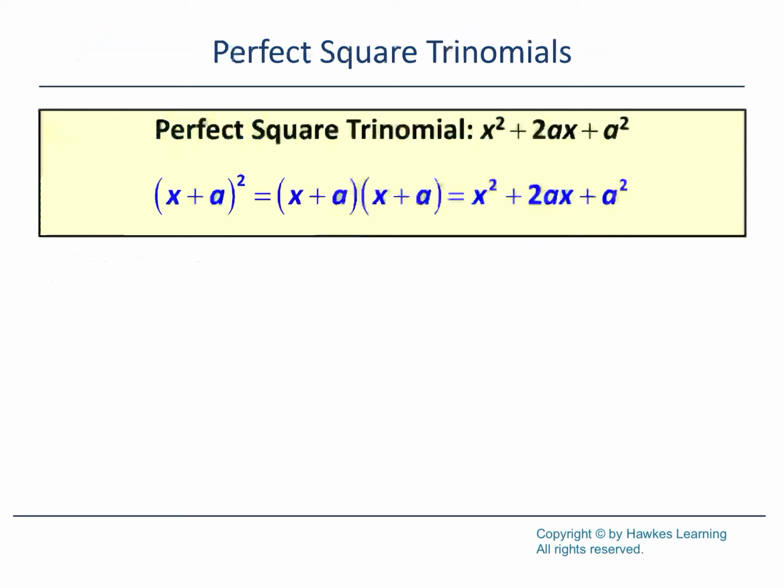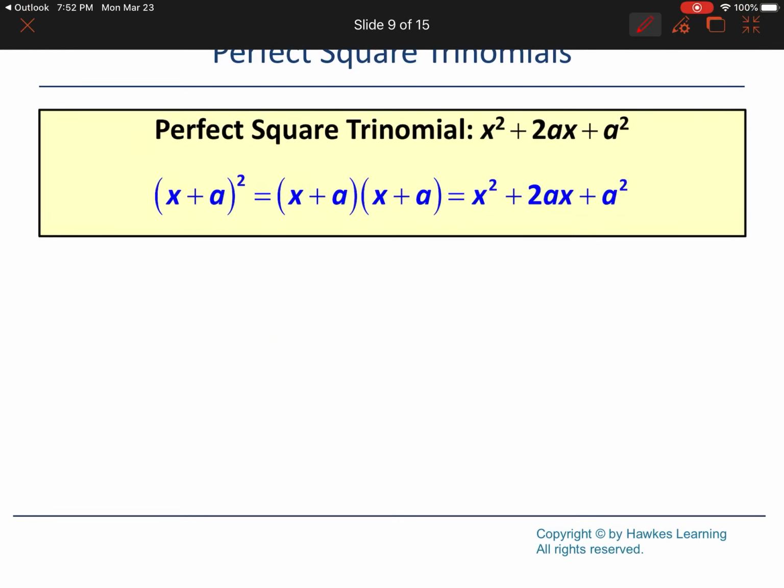So the next special case, that was the first special case. Now this next special case is when we actually are multiplying the same binomial together. So when it looks like this, with the binomial inside parentheses and the second degree power out there, this is what it is. It is not x squared plus a squared.